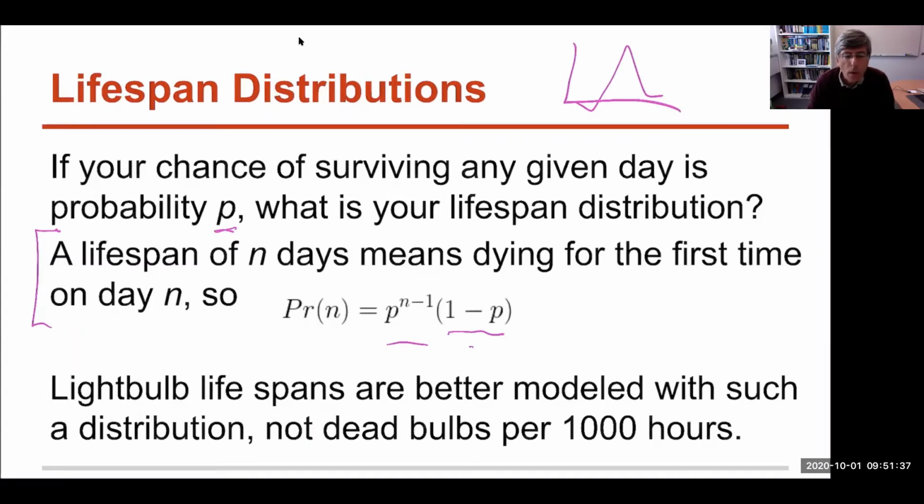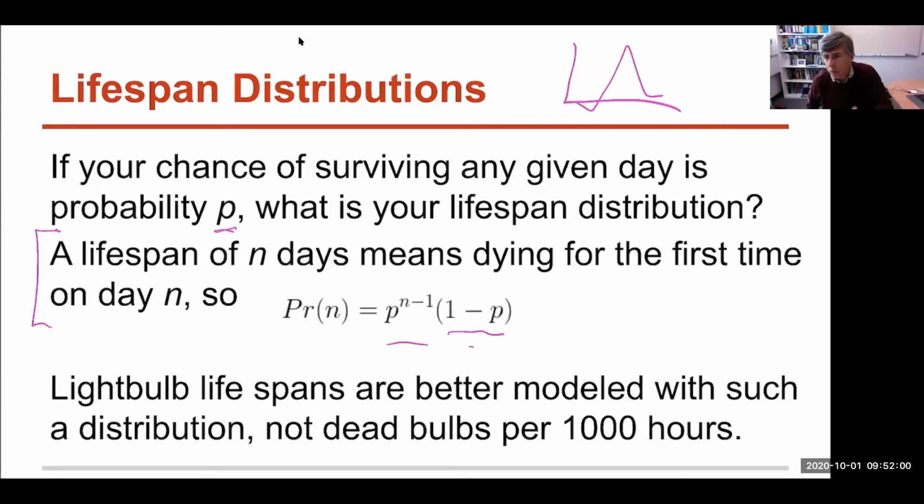We talked at one point about light bulbs, and suppose I knew that a light bulb lasted 1,000 hours on average. What did I know about the distribution of how long light bulbs should last? We said, is it that there's kind of a bell-shaped thing?